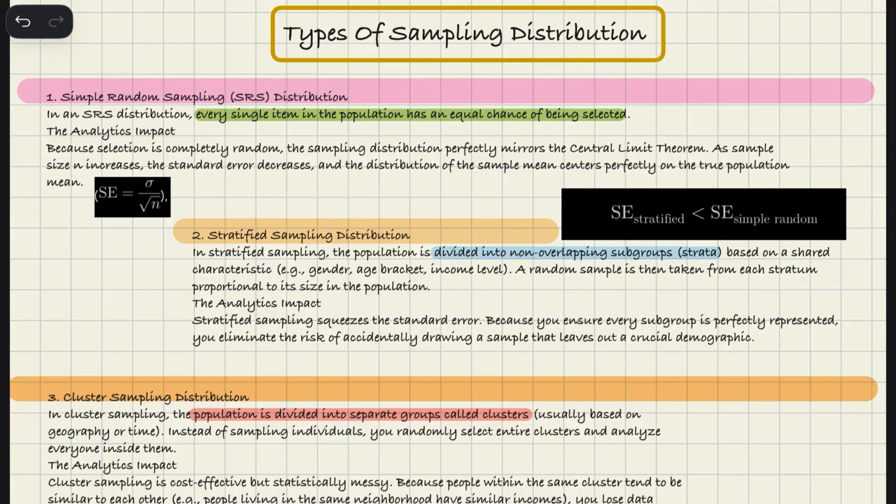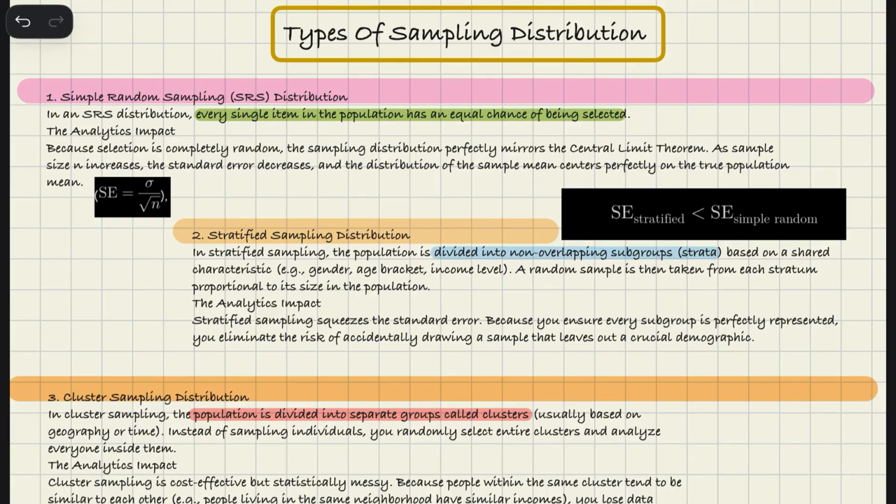Alright, so for example, there is a lottery drum. Imagine a massive lottery drum filled with 10,000 ping pong balls, each representing a person in a city. To conduct simple random sampling, you blindfold yourself, spin the drum and pull out 100 balls.